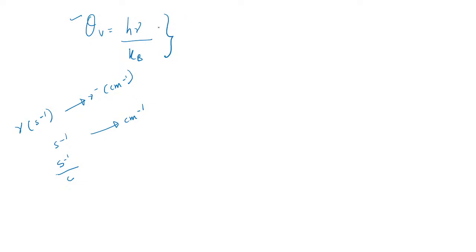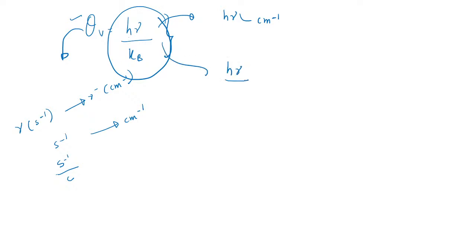So why am I dividing this value with h? See, pay attention, this is h nu. If I'm using this frequency value in centimeter inverse, I know that this theta V is a temperature value, so I have to get Kelvin out of this expression. Let's suppose I have h nu by kB.